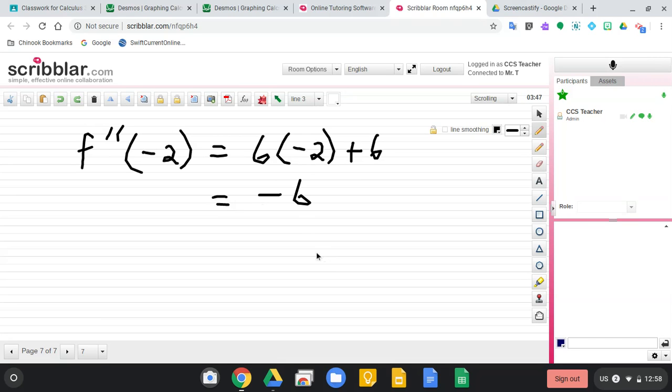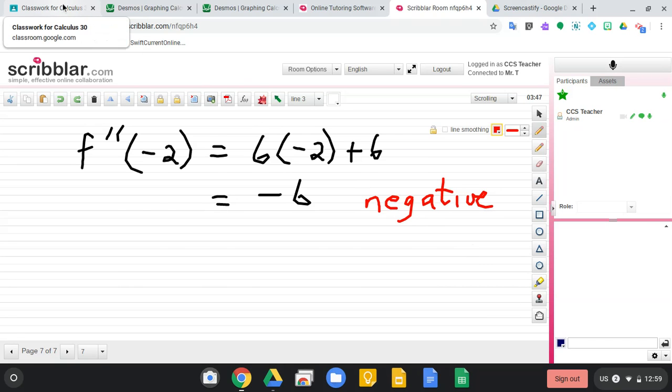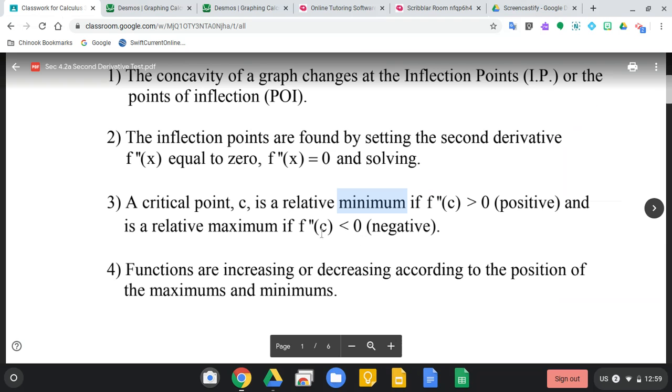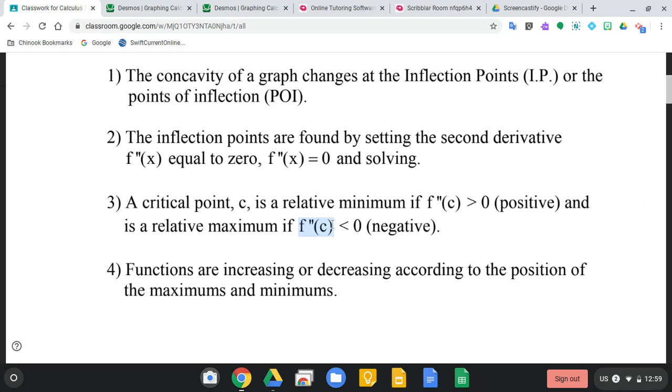Now again, I don't care specifically that the answer is minus 6. I'm more concerned that this answer is negative. And if I go back to my notes, if I substitute into my second derivative and my answer is negative, that's because our critical point is a maximum.